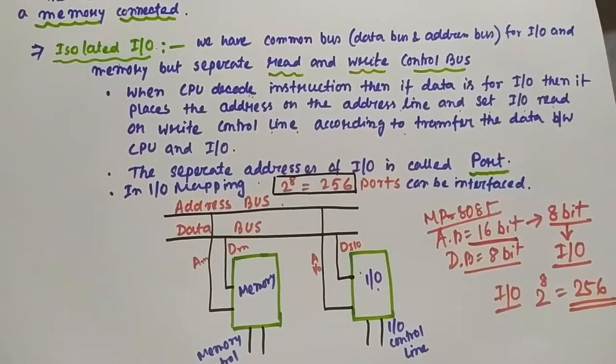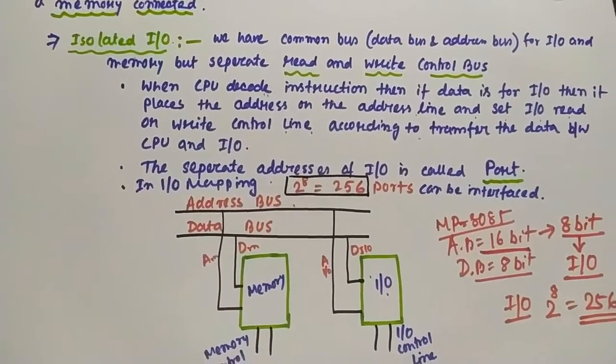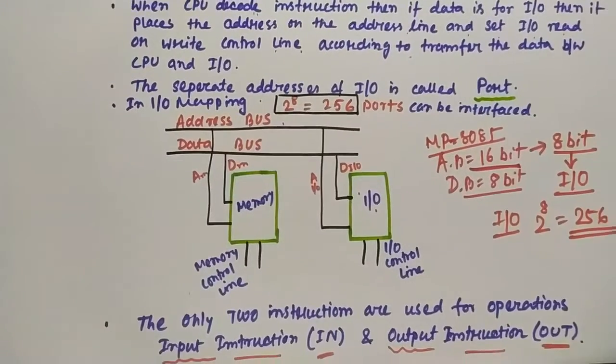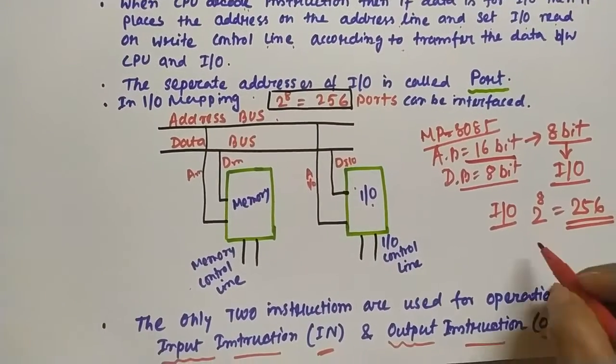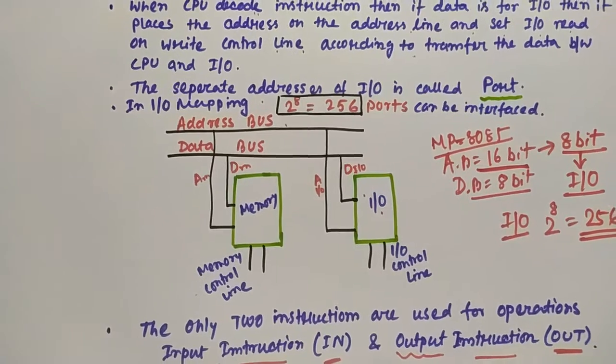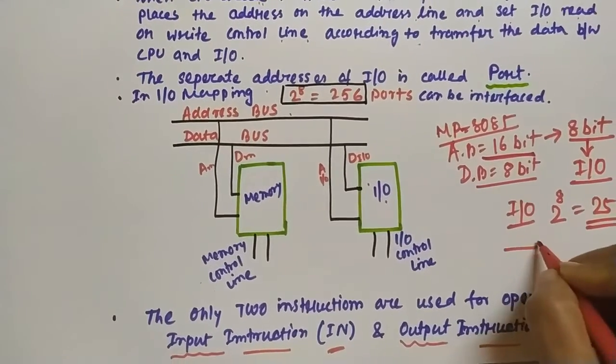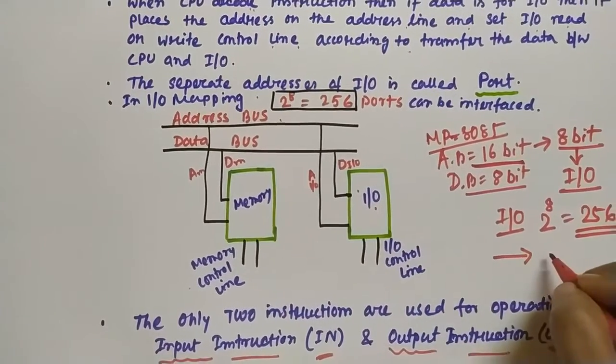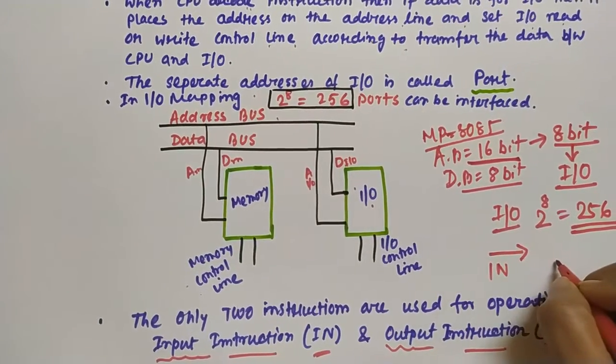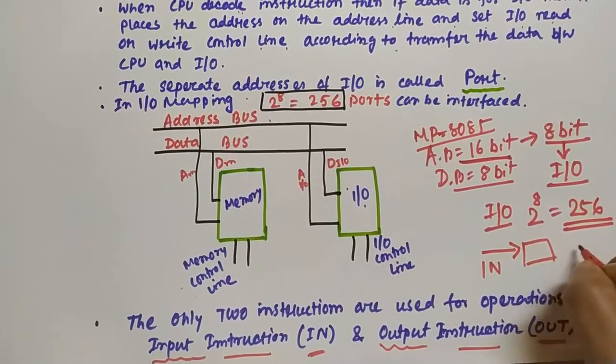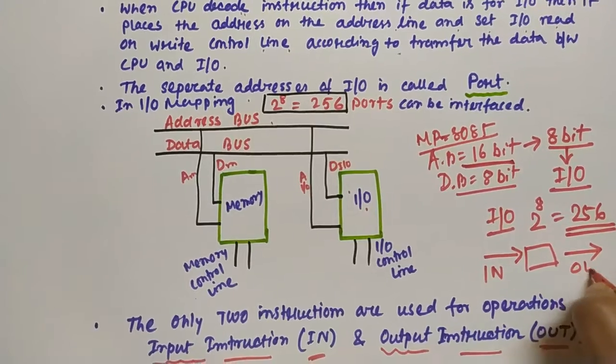In that case, only two instructions are performed: one is to accept the data, that is the IN instruction, and to send the data, that is the OUT instruction.